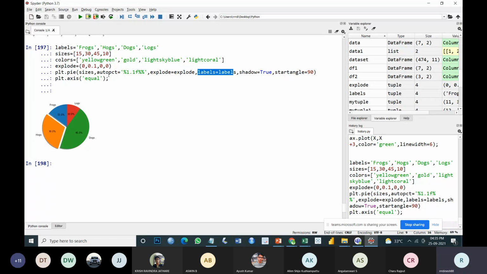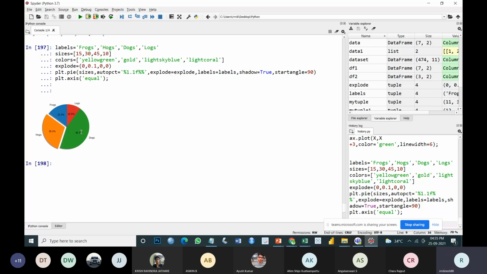Then autopct defines the percentage. 1.1 means after the decimal point we get one value. So that is the percentage.